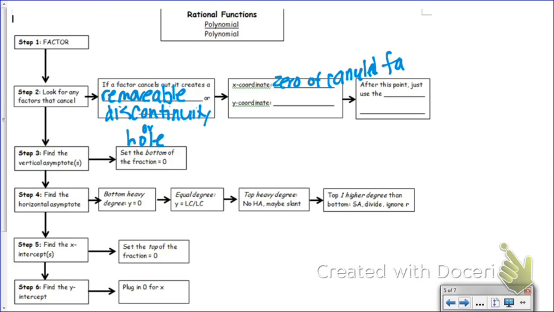And to get the y-coordinate, you plug the x-coordinate, or the 0, they're the same thing, into the remaining function. So you plug whatever you have for x into the remaining function. Don't plug it into the original, because then you'll get 0 over 0, and we'll talk about that later when we do limits.